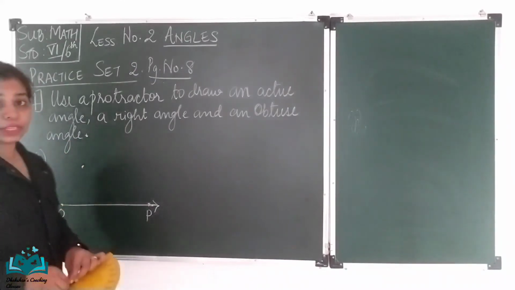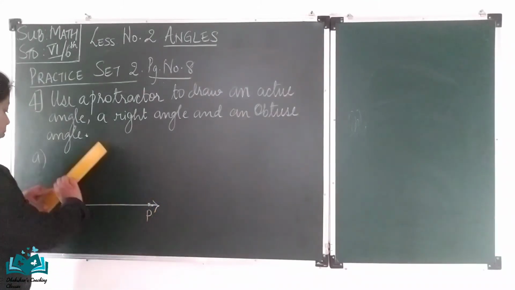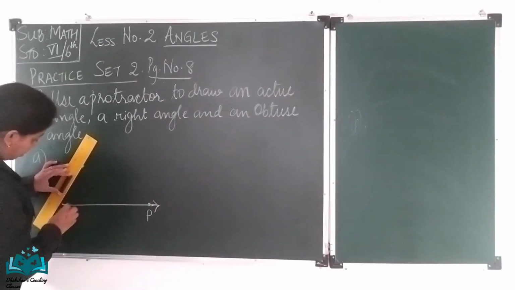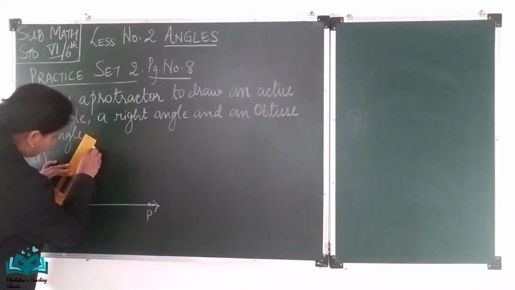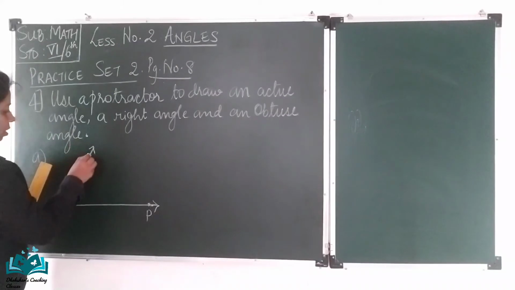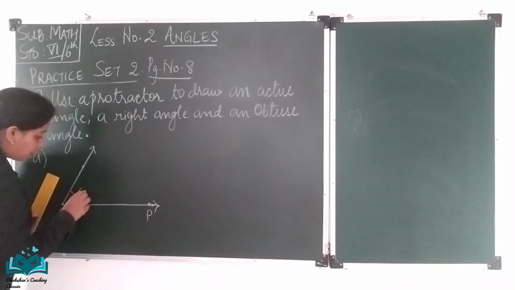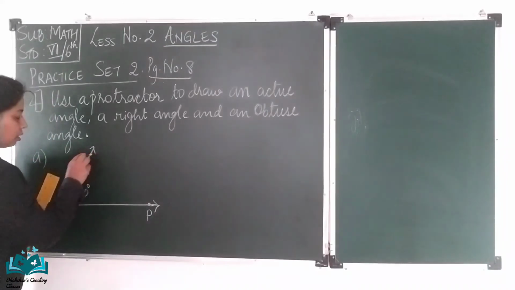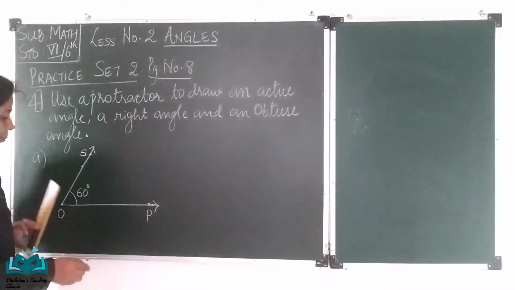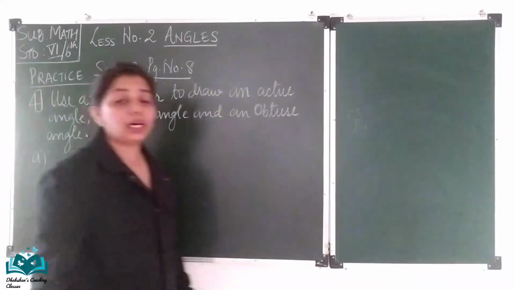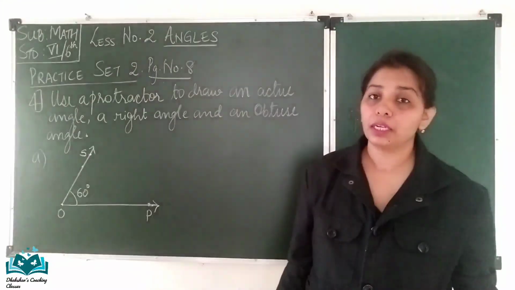Now with the help of a scale, I will be extending or joining that point, so I have got an angle measuring 60 degree. Angle SOP is an acute angle whose measure is 60 degree.